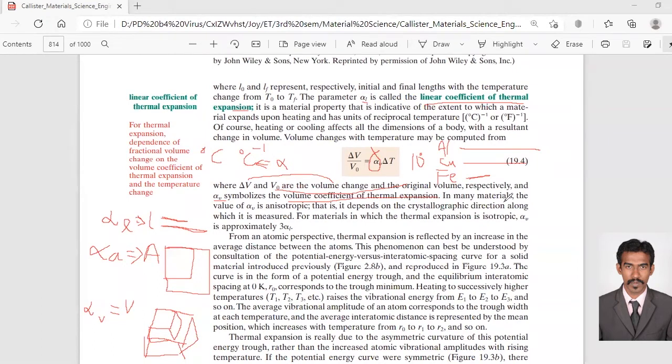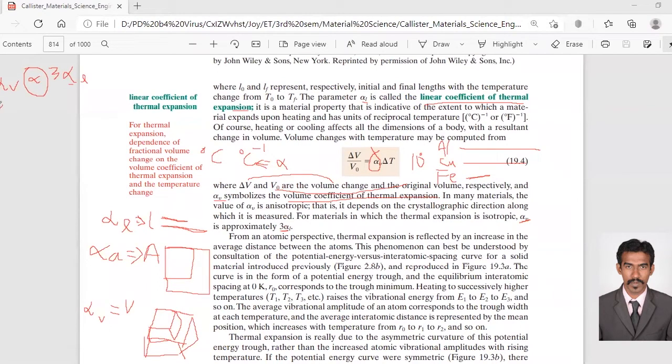For materials in which the thermal expansion is isotropic, alpha V is approximately 3 alpha L. So when there is a continuous or uniform change, alpha V would be almost equal to 3 into alpha L. This is a direct proportional sign.